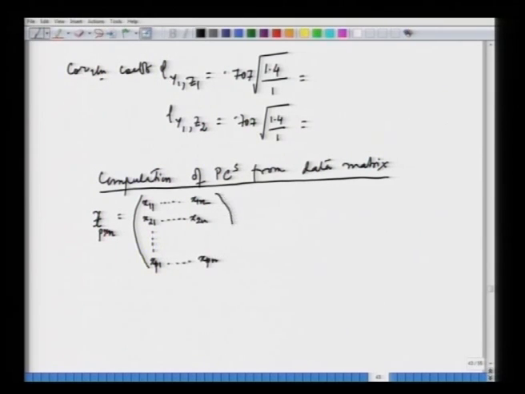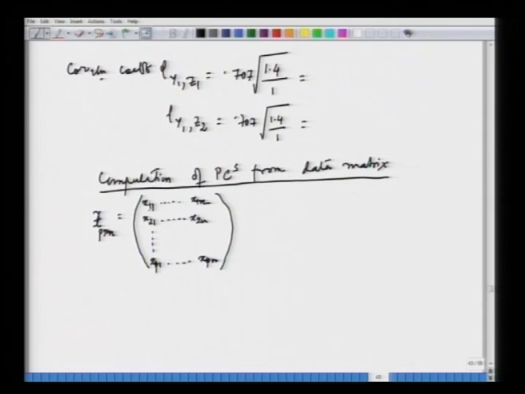So, the first row is giving me the sample of the first random variable, the n observations of the first random variable x1. These are the observations coming from that variable x1, so these are x11 to x1n.